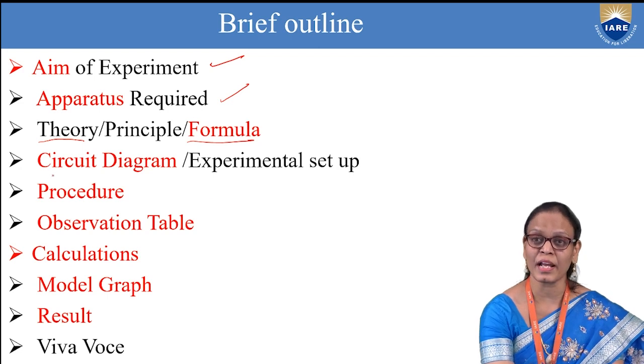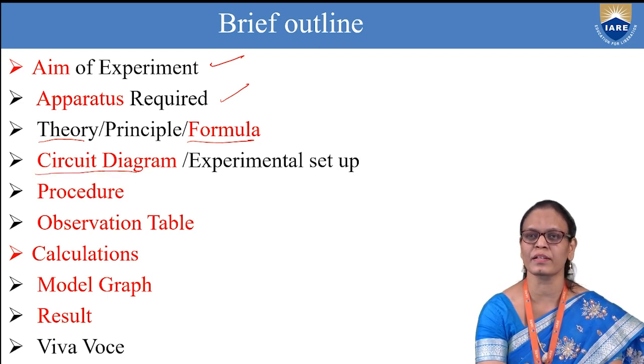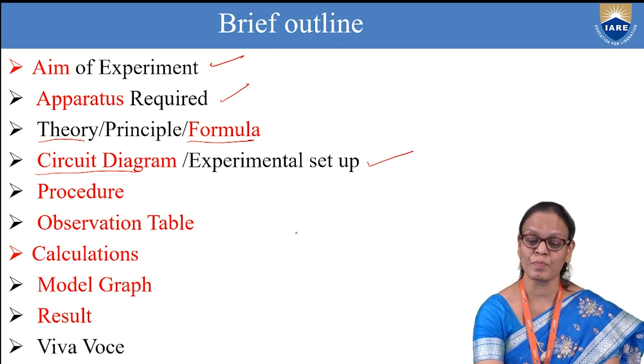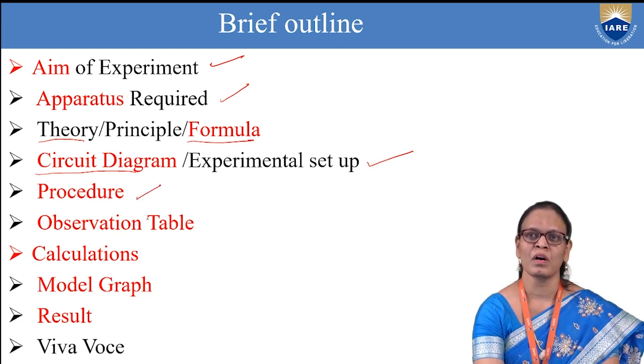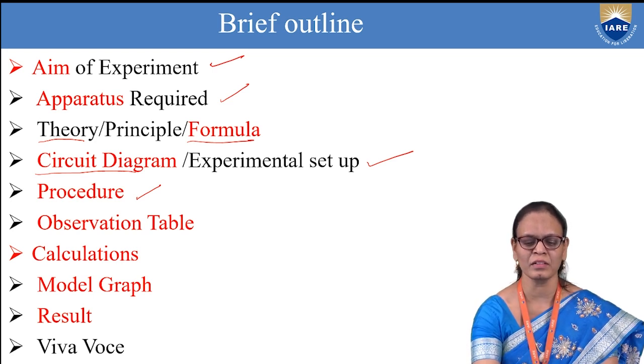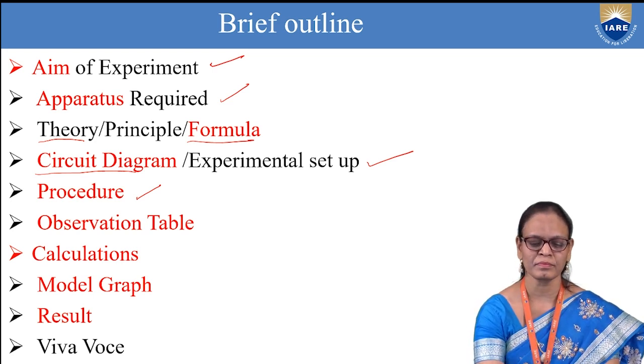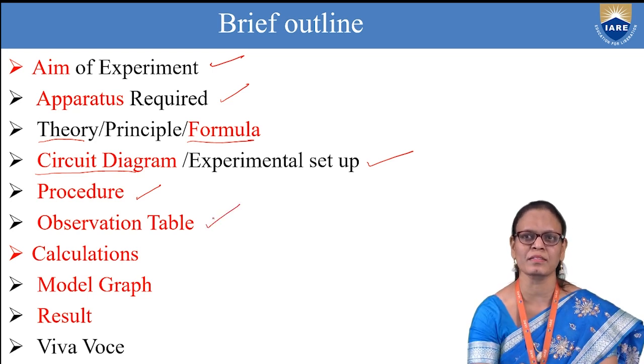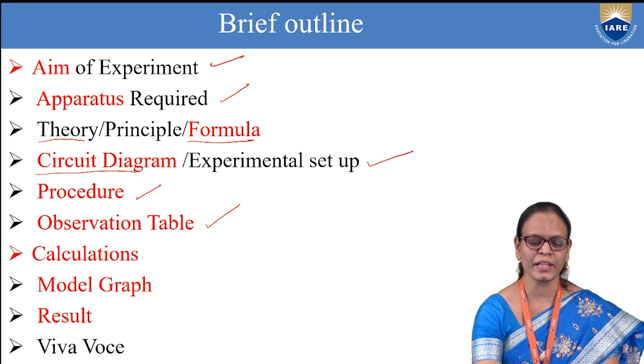Then, if there are any circuit diagrams, you should know the circuit diagrams or the experimental setup. Then the procedure to follow, how to make the connections or how to do the setup and take the readings. Next, you need an observation table to tabulate the readings that you have noted down. And then calculations.